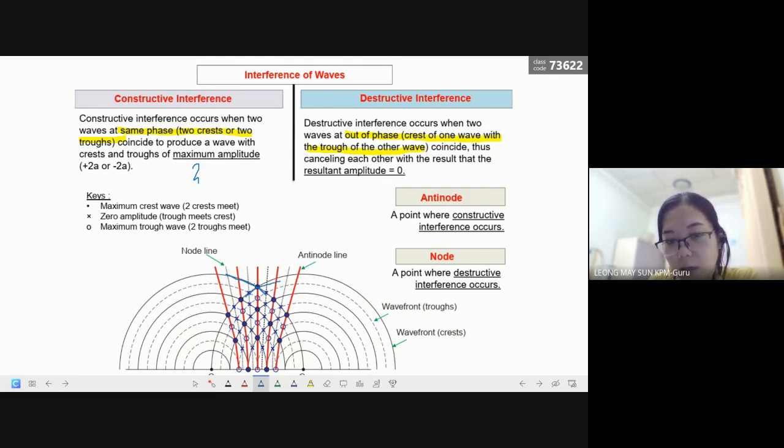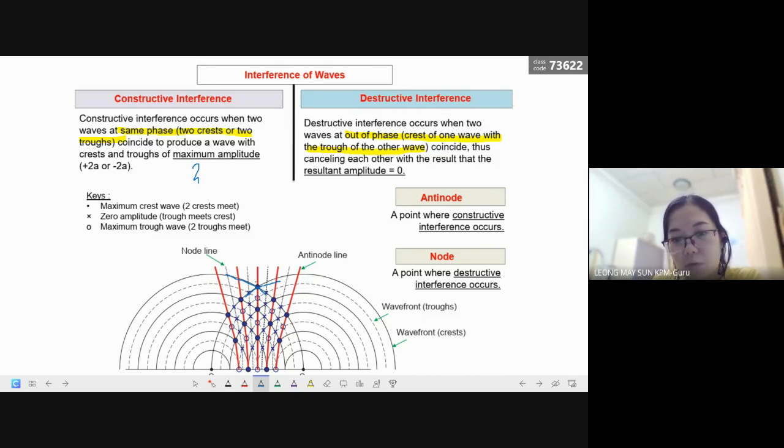So this is a crest overlapping a crest, which is a constructive interference. Or at this point, a dotted line overlaps with the dotted line of the other wave. So a trough overlaps a trough, which again is a constructive interference.